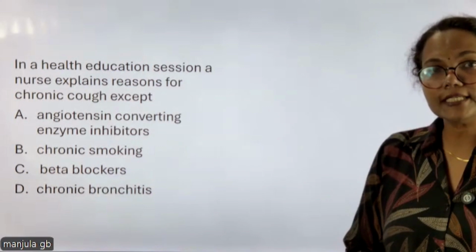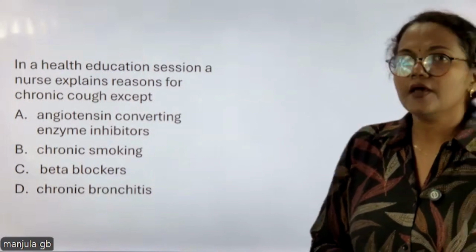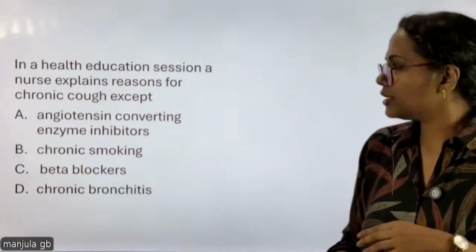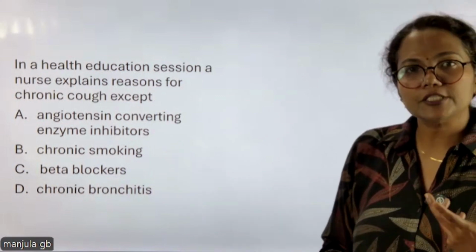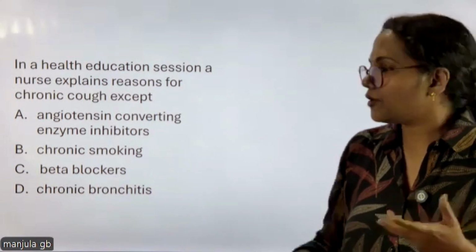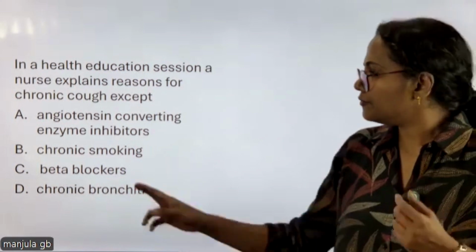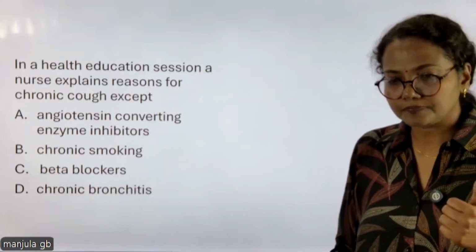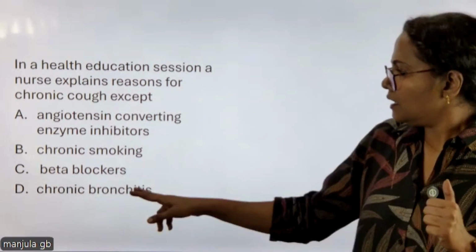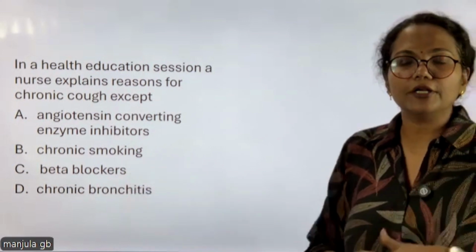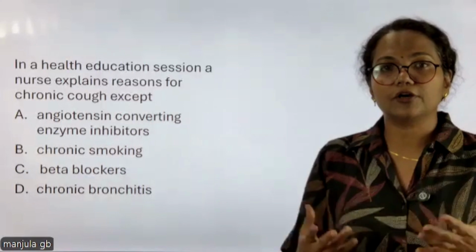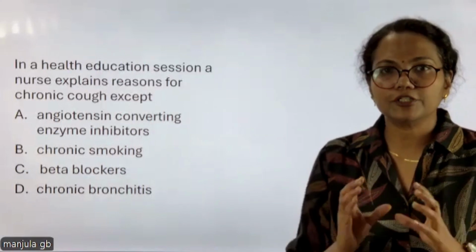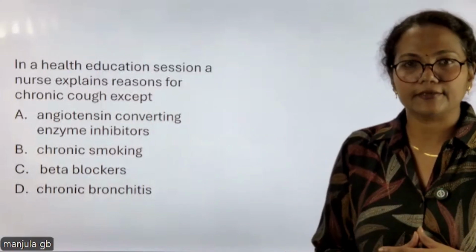Okay, angiotensin converting enzyme inhibitors, they do cause chronic cough. Chronic smoking, yes, we are all aware that it causes chronic cough. Beta blockers, yes or no? Let it be there. And chronic bronchitis, does it cause chronic cough? Yes, the definition of chronic bronchitis itself is like that, right?